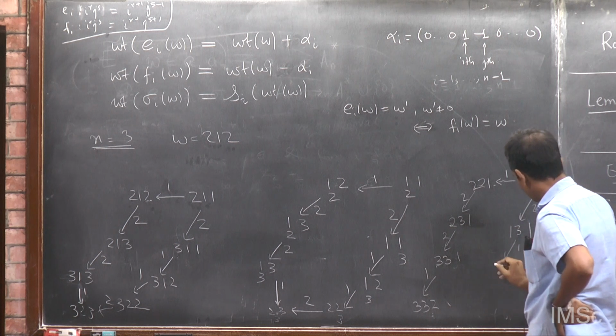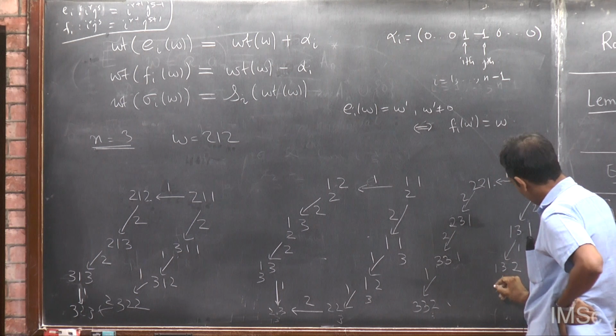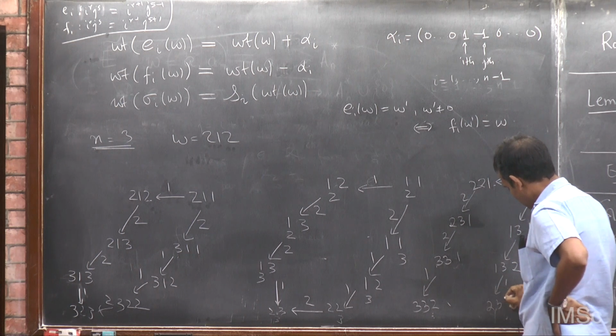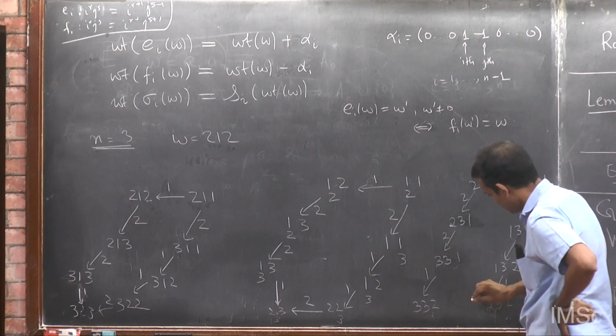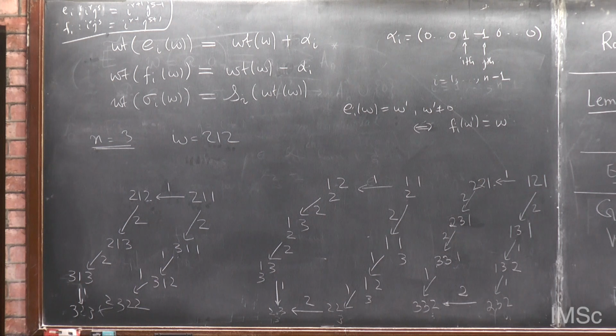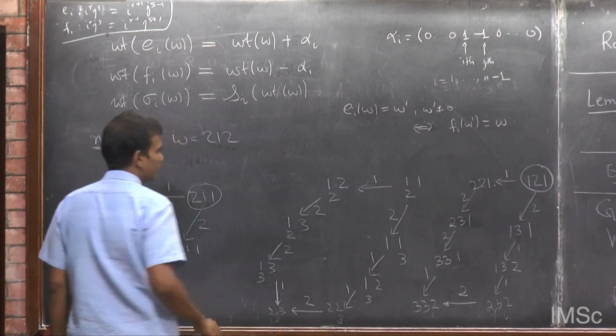So now I will get 1 3 2, and then I will apply F1 again, I will get 2 3 2, and then I will apply F2, and I will get 3 3 2. So here are 2 Yamanouchi words, right?